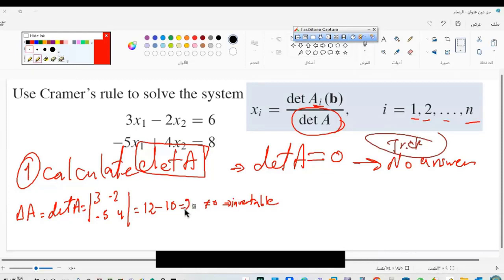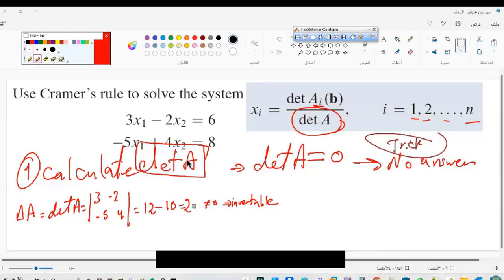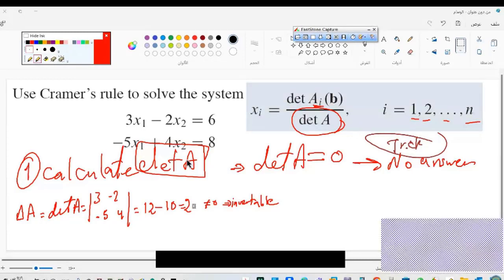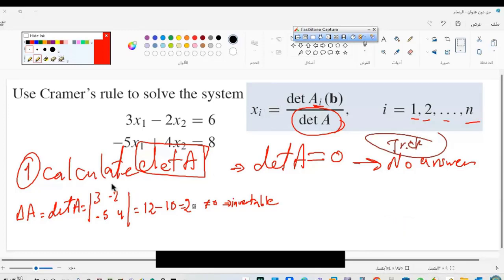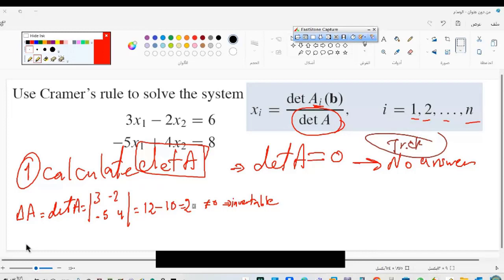It's 2. Correct? Minus with minus is positive, 2 times 5 is 10. So it is 2. Now let's calculate another part.